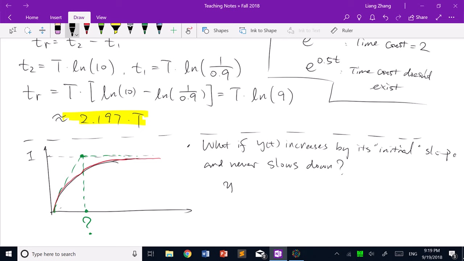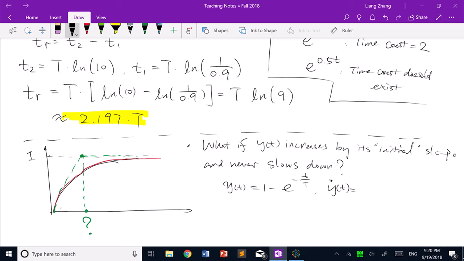Now, the response curve is 1 minus e to the negative t over T. Take the derivative with respect to t so that you can find the initial slope. The derivative of 1 with respect to t is 0. An exponential will be itself.